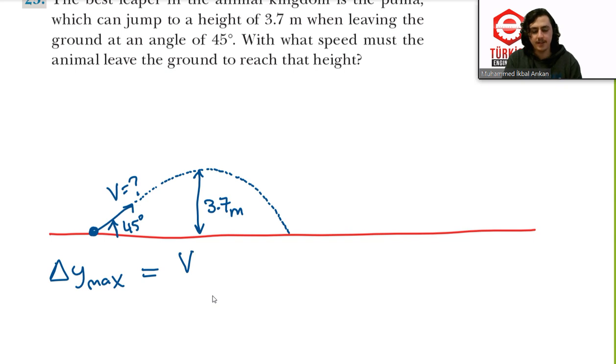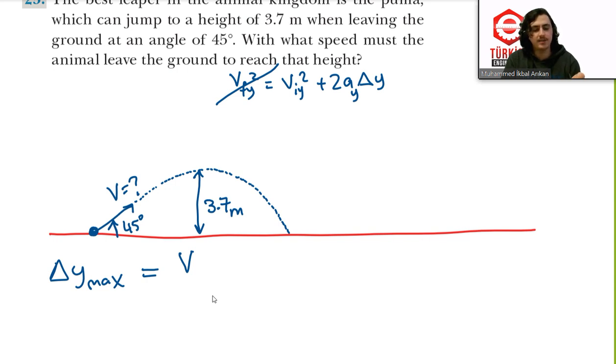Let's remember, V final squared will be equal to V initial squared plus 2 times acceleration and displacement, right? So I can put y here, and y here. My final velocity is 0.